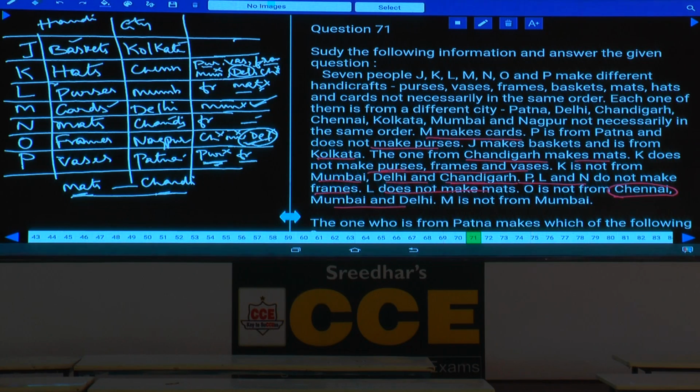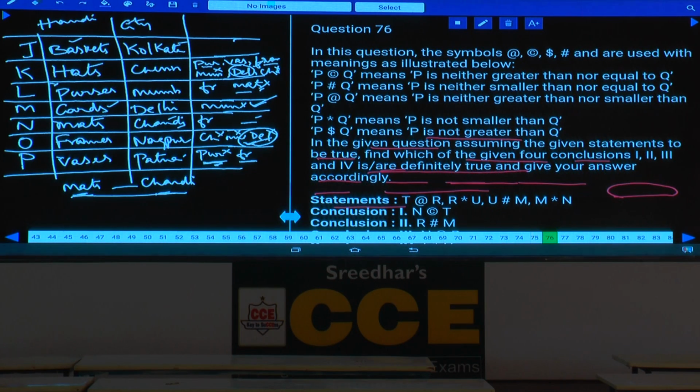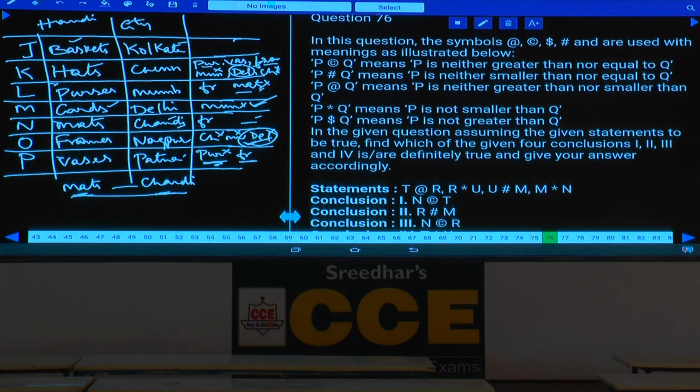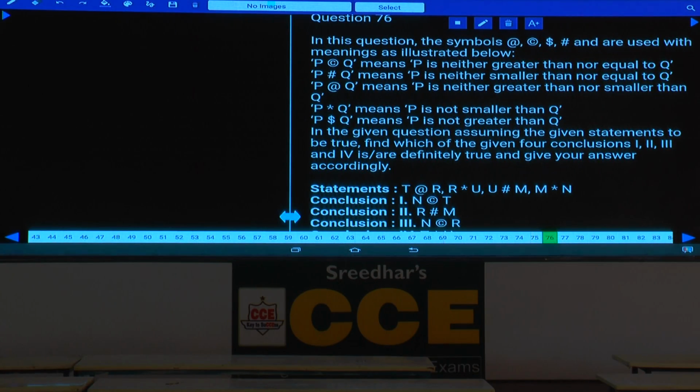Now in 76 to 80, it is based on what? Inequalities. Now coded inequalities. What does copyright stand for?